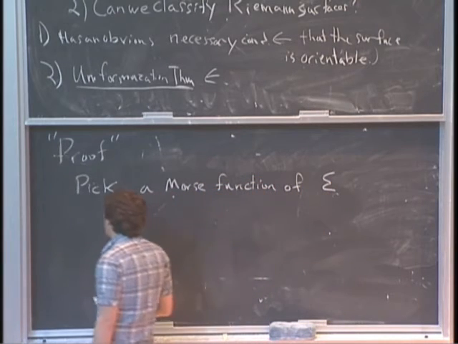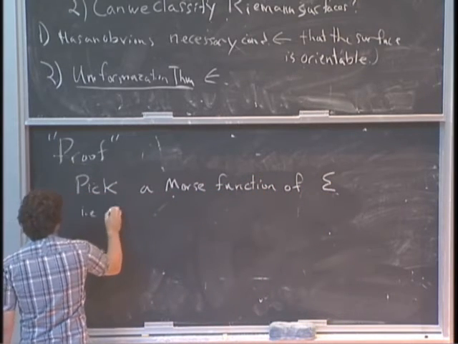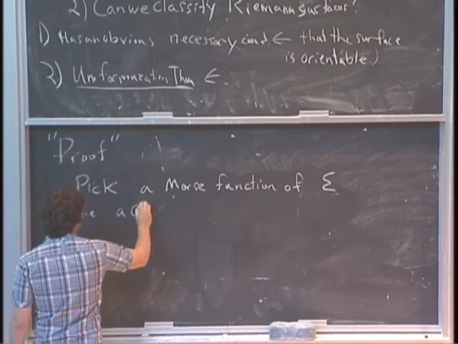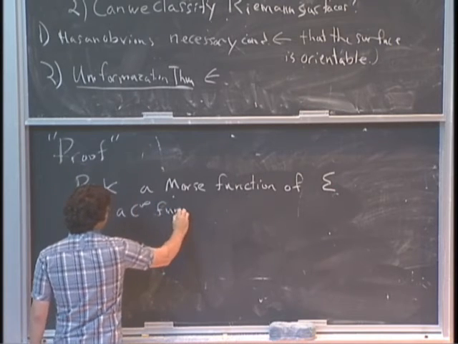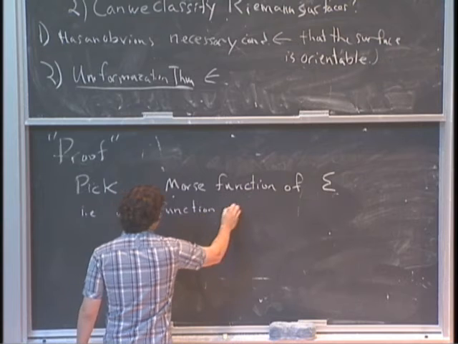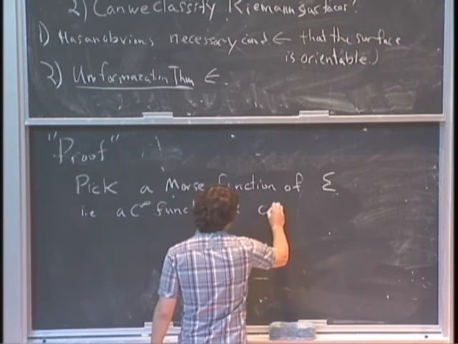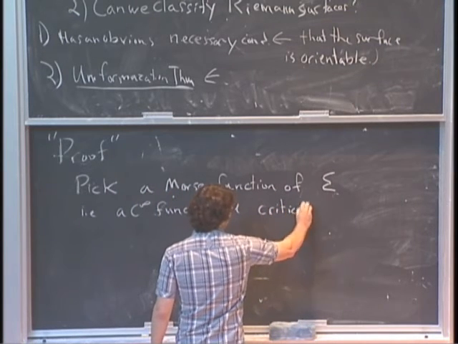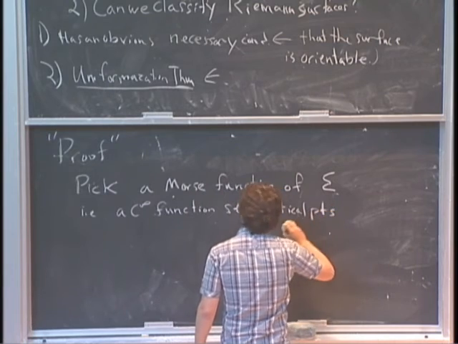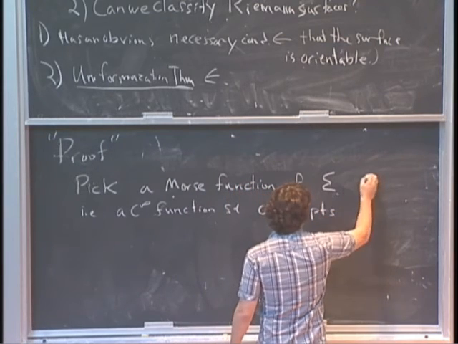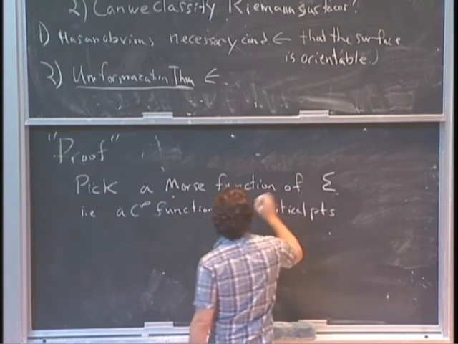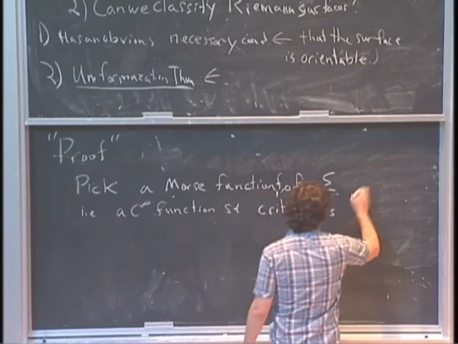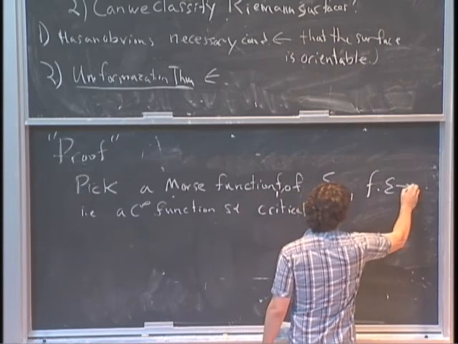So in other words, a C infinite function such that the critical points, right? So here f is supposed to be a map of sigma into R.